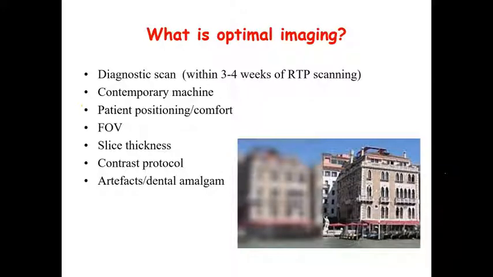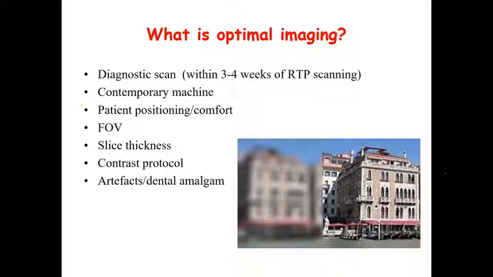In general, imaging is all important. We've discussed that. But we also know how suboptimal imaging can be hazardous, because you lose out on vital information, and that can be detrimental towards long-term outcomes.